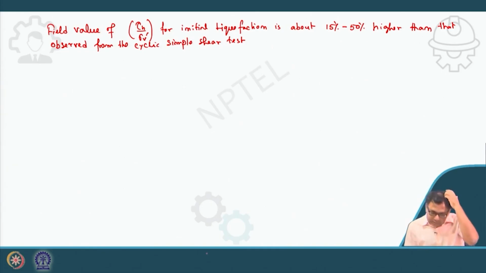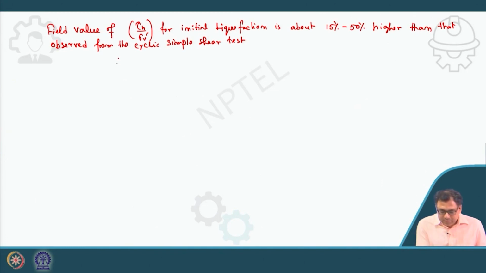Okay, so that means we have to put some correlations between the factors, correction factors, to convert the simple shear test data to the field observed data.